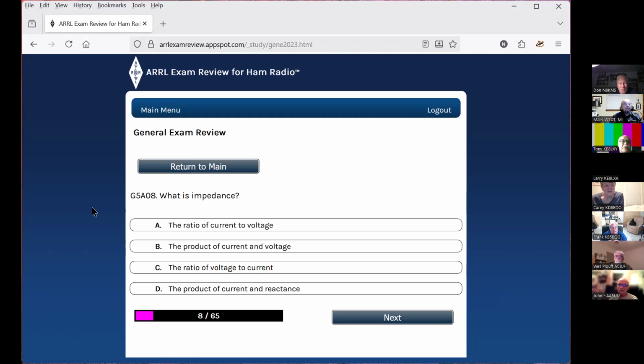Resistance is the same as R in Ohm's law. So it'd be V divided by R, but none of those are V divided by R, are they? No, this one, C, Charlie, the ratio of voltage to current, which is another way of saying voltage divided by current.